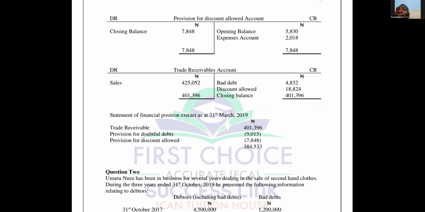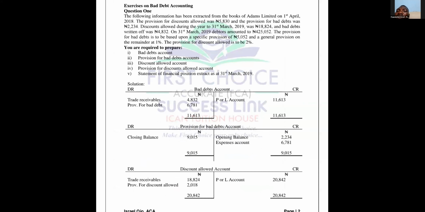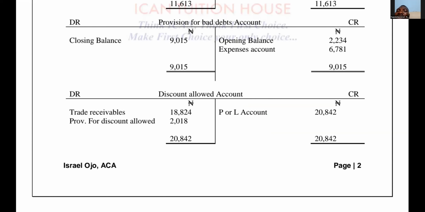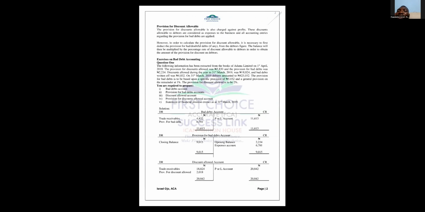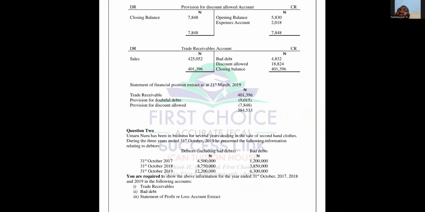That's also an increase in expenses, an increase in allowance. So the differential there is the expense element, and that is what we are going to take down to the discount. Can you see that? And that's why you take the discount allowed account, the differential there, on the debit side. Add them together, and the total figure will be transferred to profit or loss account.